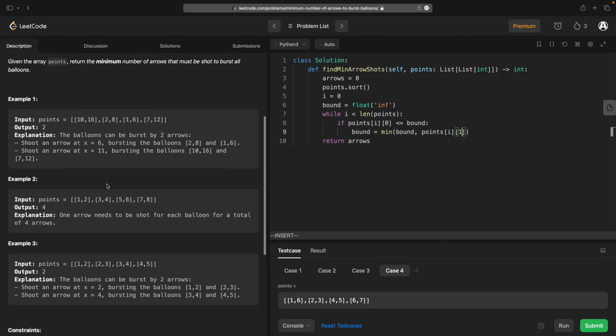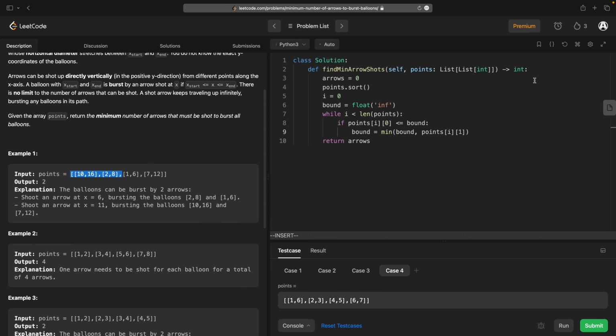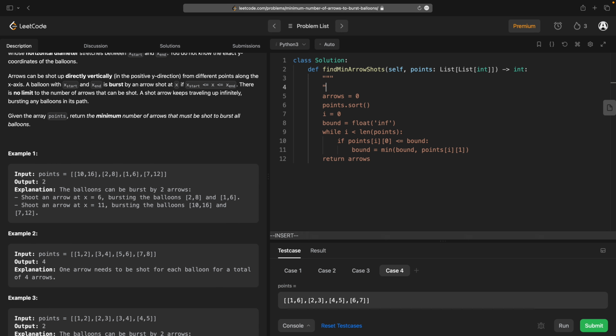So going back to this one with them sorted, let me just quickly write that out again. I shouldn't have got rid of it. This is 1, 6, 2, 8, 7, 12, 10, 16.